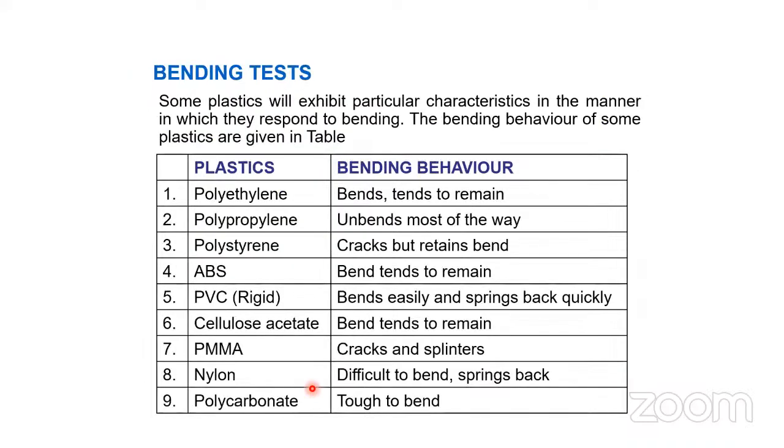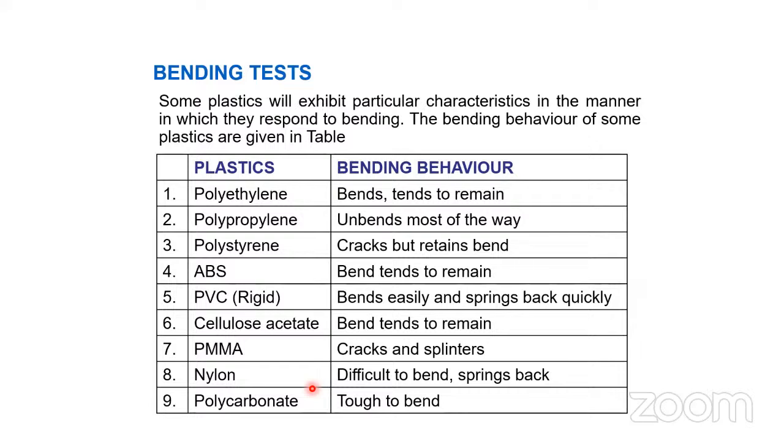Then one of the techniques is the bending test. In this test, some plastics exhibit particular characteristics in the manner in which they respond to bending. The bending behavior of some plastics is given in this table.